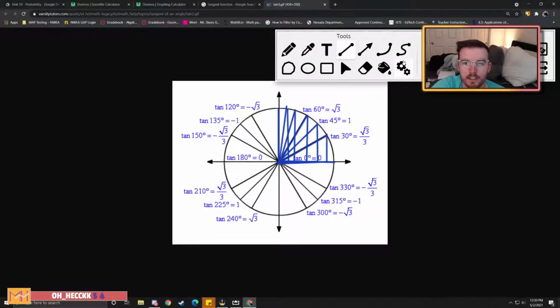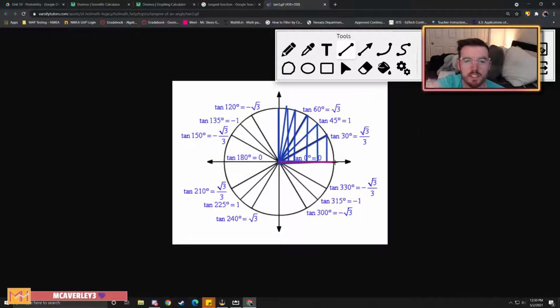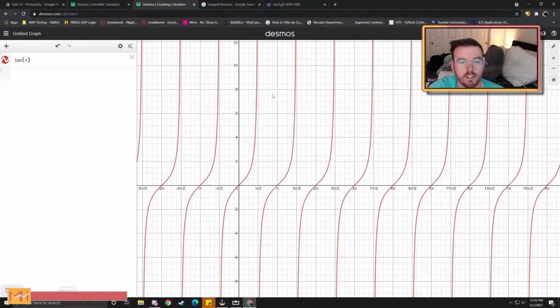Over here, where the height didn't exist, tangent was 0 because 0 divided by anything is 0. But here, the straight up and down line, the opposite side is 1, and then we're dividing by 0, and that means it doesn't exist, because you can't divide by 0.